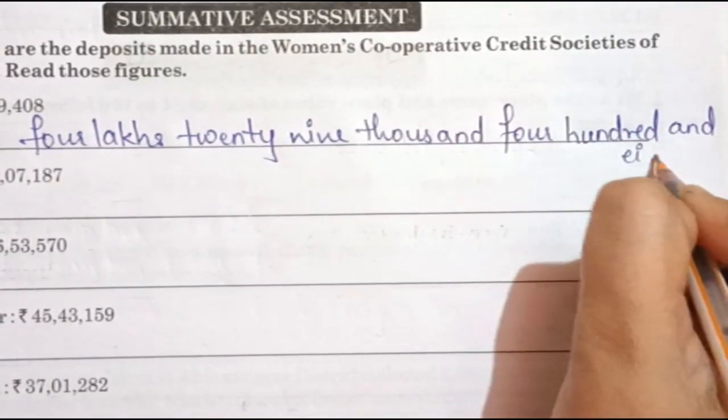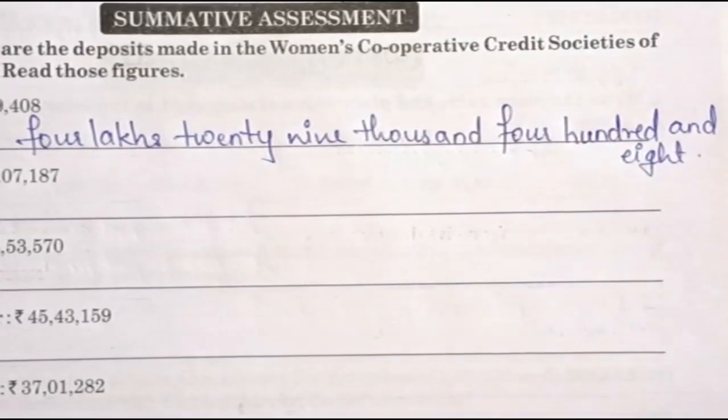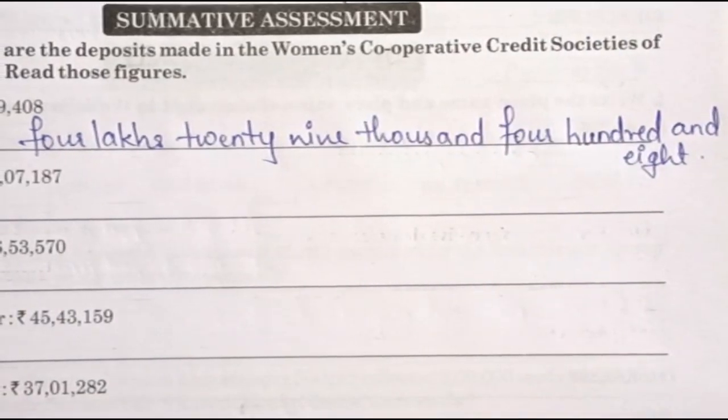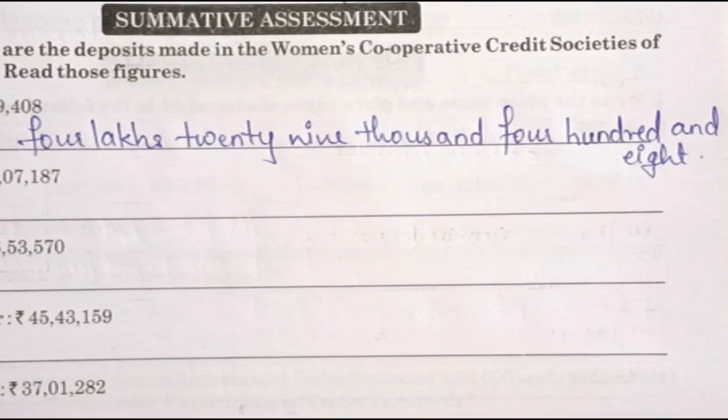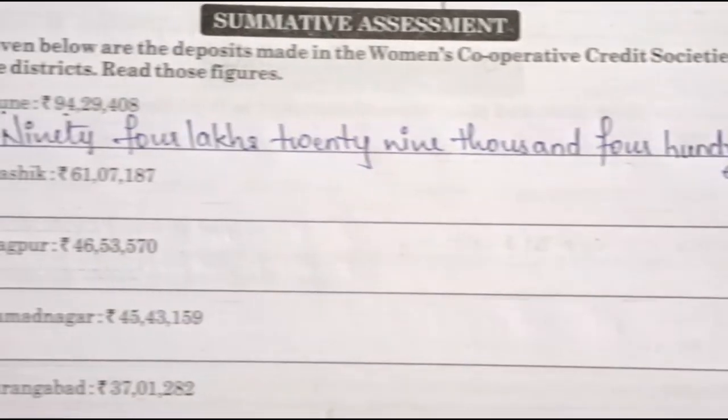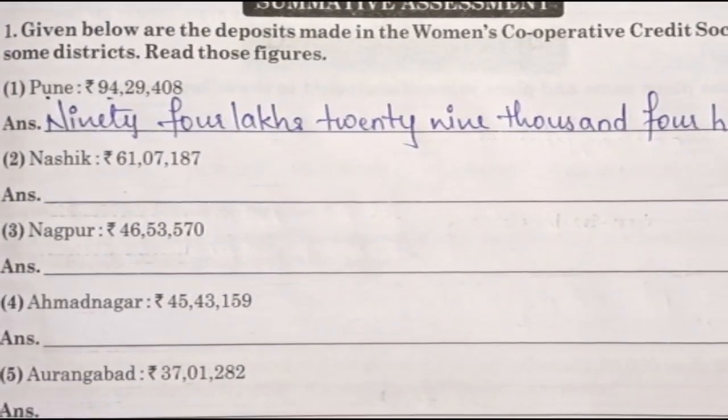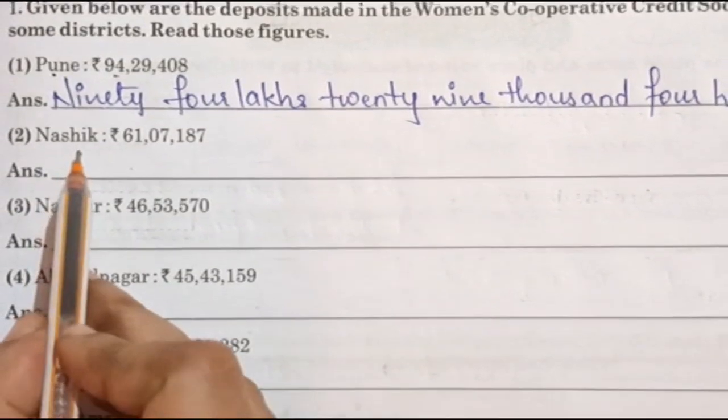Since there is no place, so I'm writing it down like this. Okay, it's 94 lakhs 29,408. Clear? Second one is Nashik.